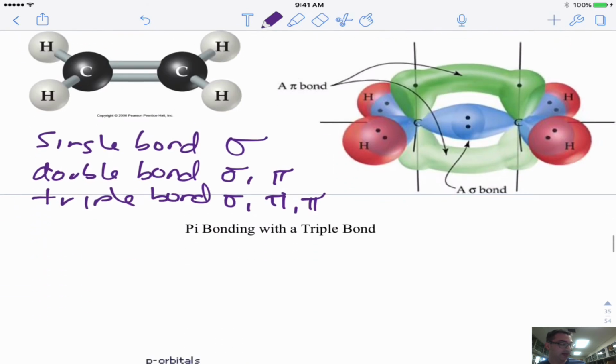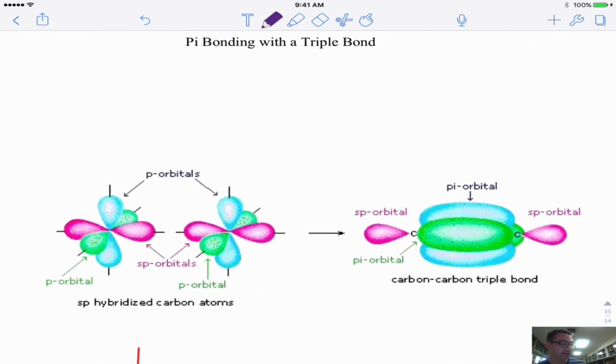What does the sigma bond look like with a triple bond? This is a molecule of C2H2. And what you can see, the way that they did this was they have p orbitals that are overlapping in front and above and below and in back as well.